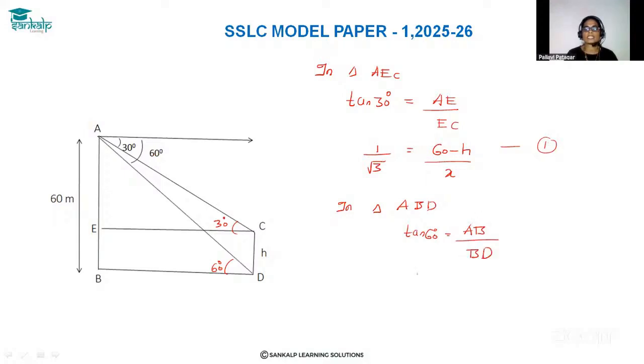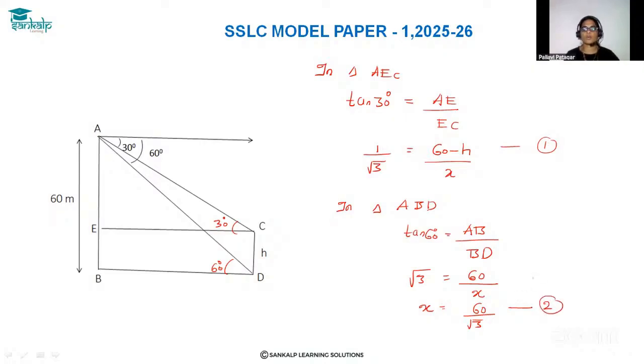So tan 60 degree is root 3, which is equal to AB, 60 meter, divided by BD, which is X meter. So X is equal to 60 divided by root 3. Take this as equation number 2.